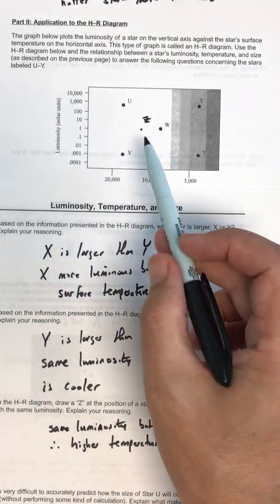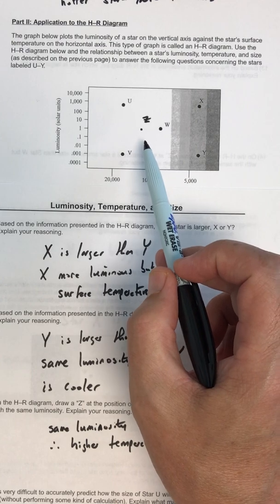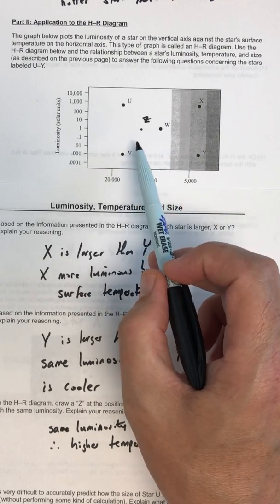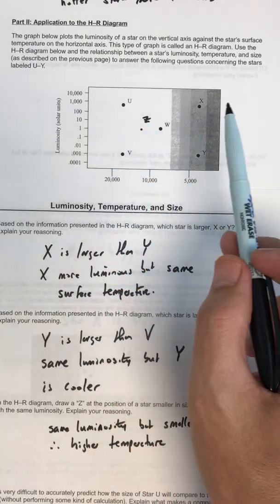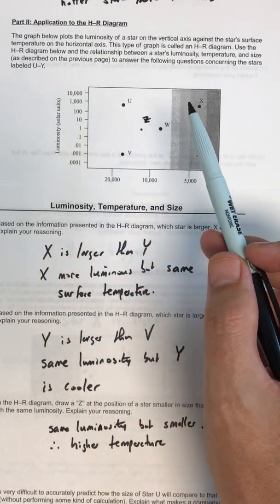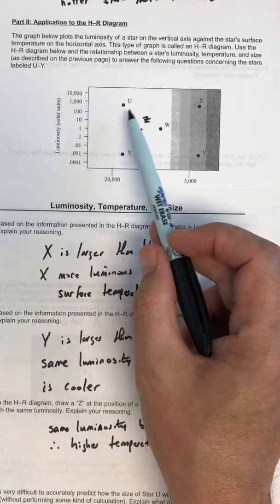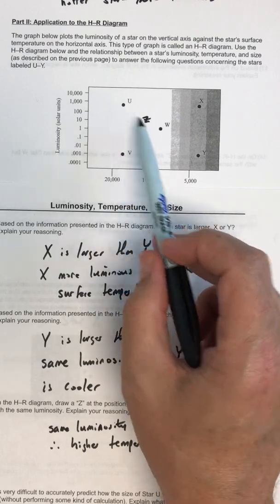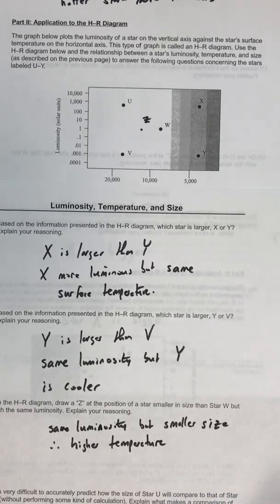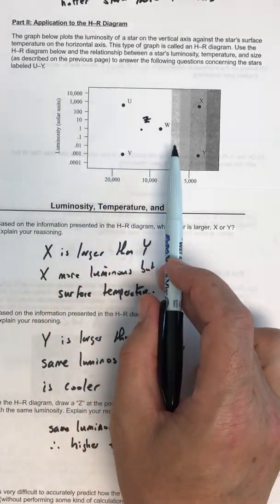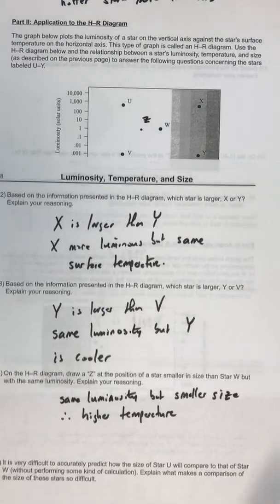And what makes this difficult is I don't know how the size is necessarily going to vary without doing a detailed calculation, because U is the hotter star and is also the more luminous star. It could turn out to actually even be the smaller star. I would need to know how big the difference is in luminosity and a precise knowledge of what the difference in temperature is before I could say something about the size.